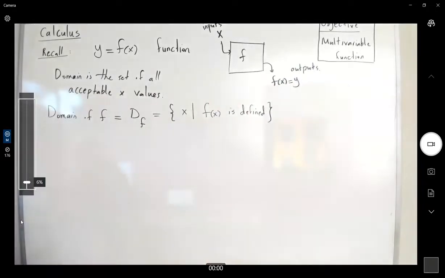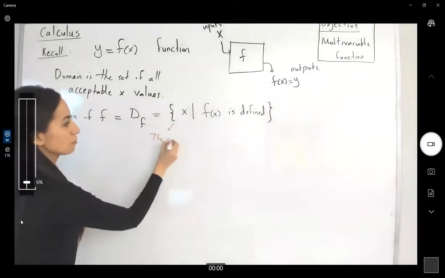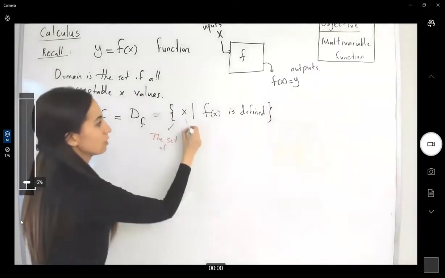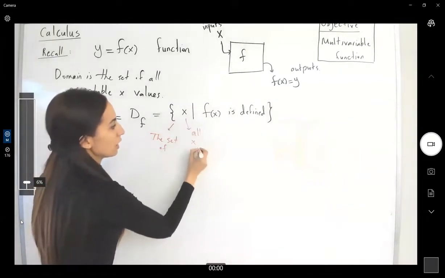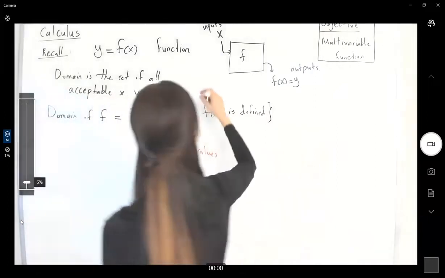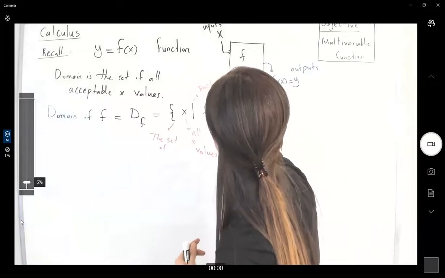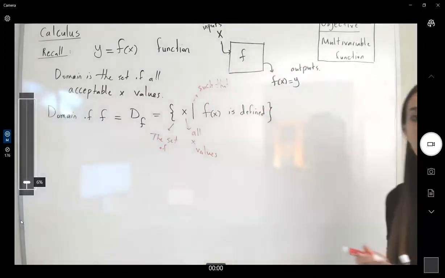So this is the set of all x values. This vertical line, you read it as "such that," with the condition that f of x is defined.